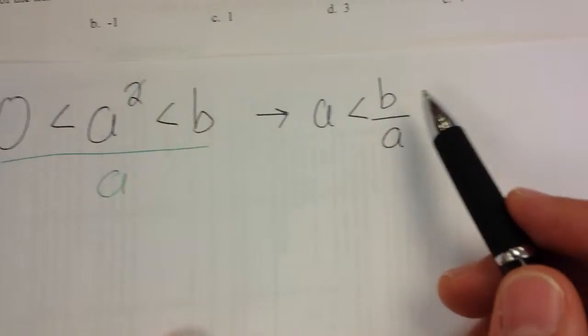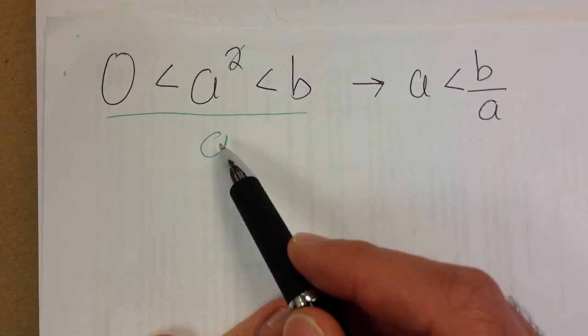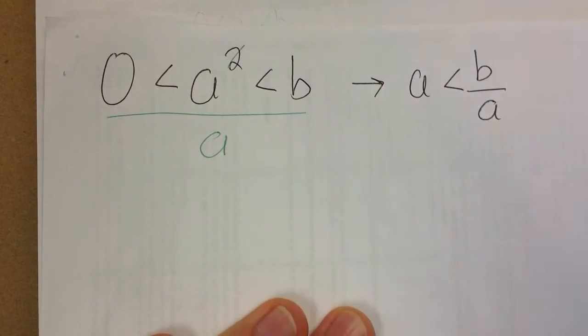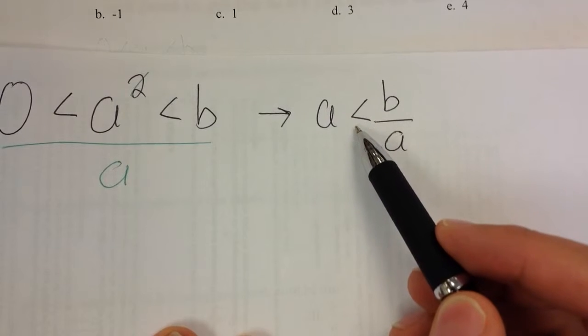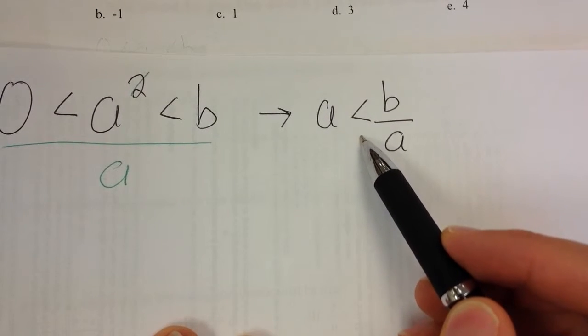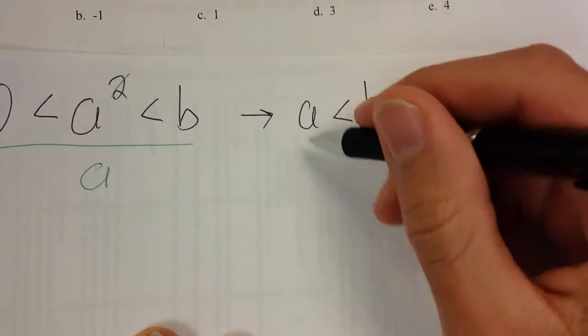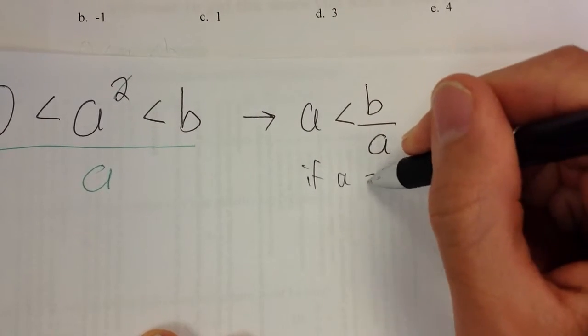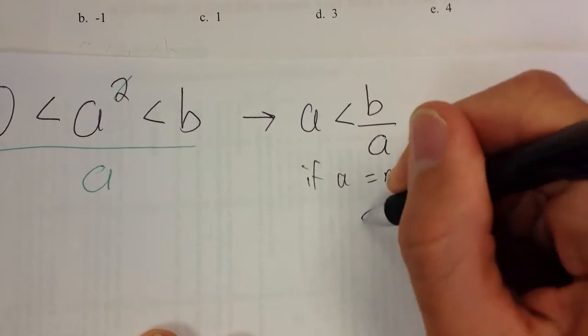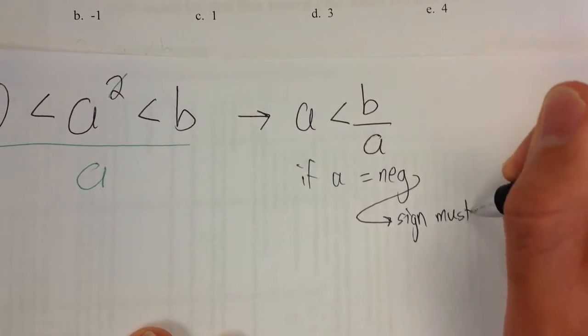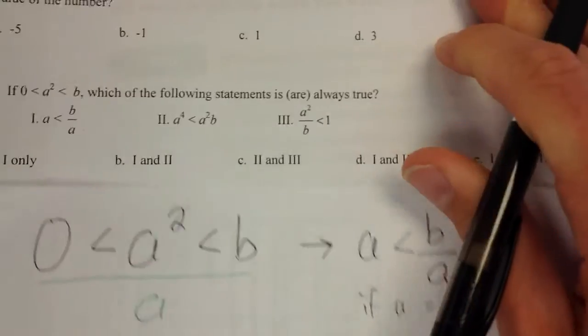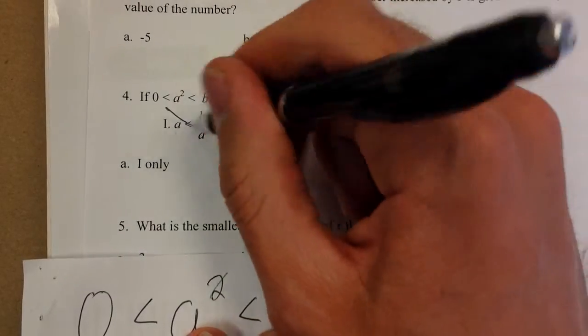If we're dividing an inequality by a number, and if that number is negative, you have to flip the signs. So this is not necessarily true, because if a was negative, we would have to flip the signs. Okay? So we can eliminate this one.